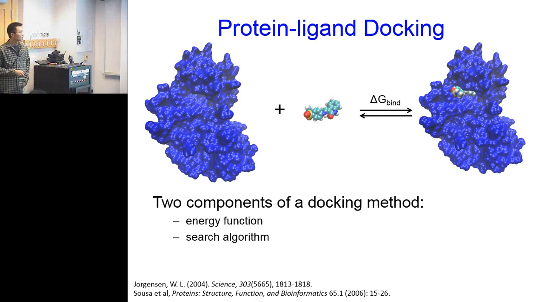Generally, in docking methods or docking algorithms, there are mainly two parts. One is the energy function, which is an approximation to the binding free energy. The other one is a search algorithm, because we assume that the binding pose will correspond to the pose with the lowest energy. So we need two parts: energy function and search algorithm.